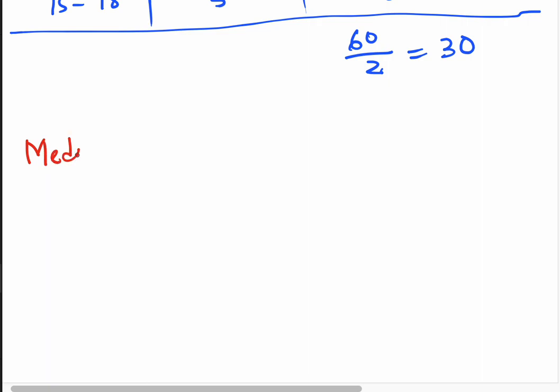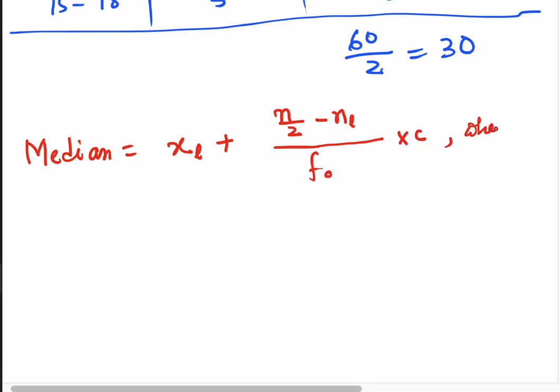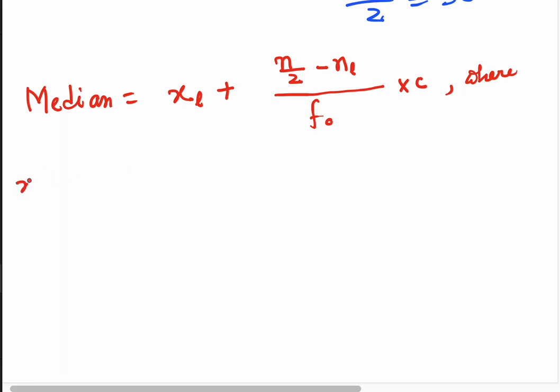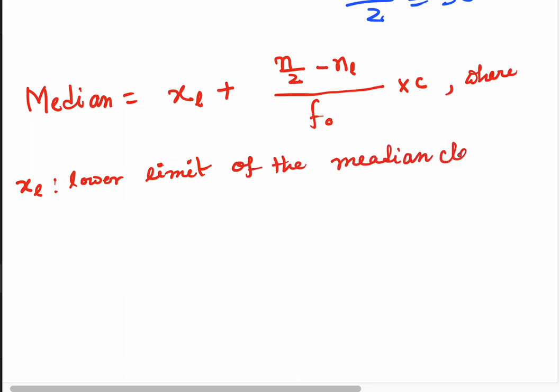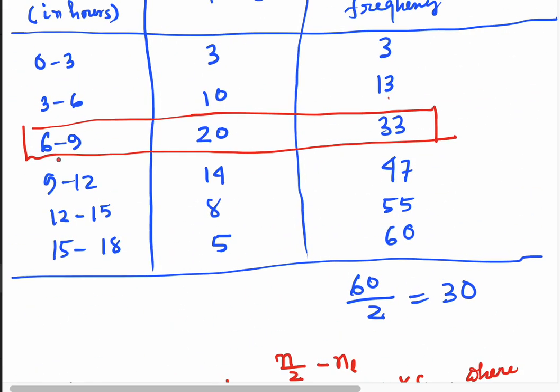So median is XL plus (n by 2 minus NL) by F0 into C, where XL is the lower limit of the median class, which is 6.